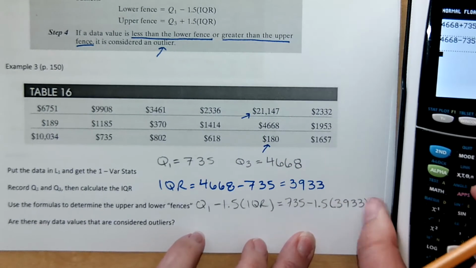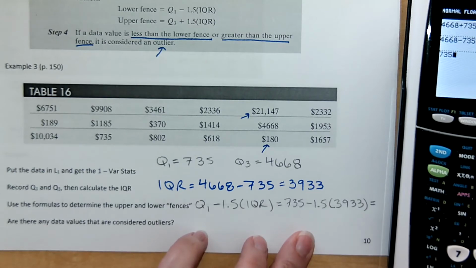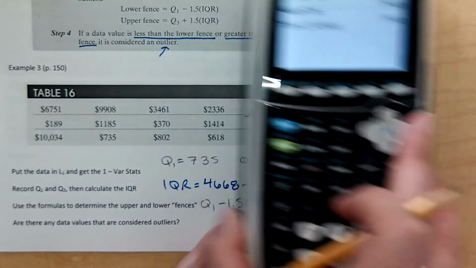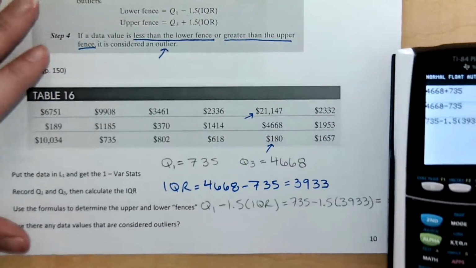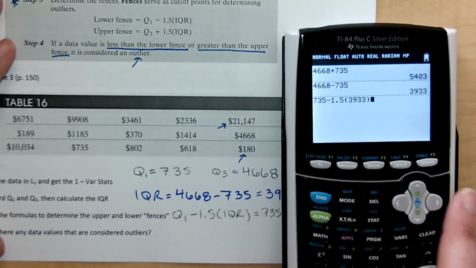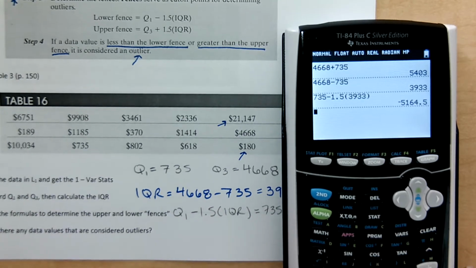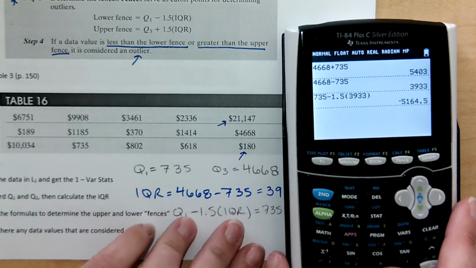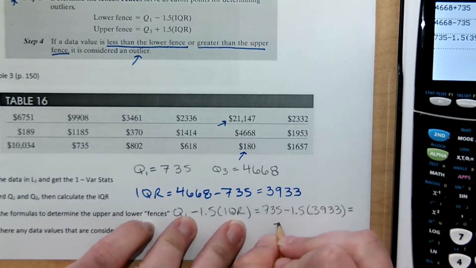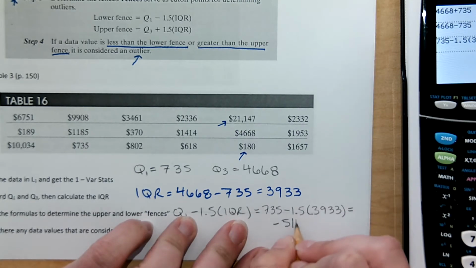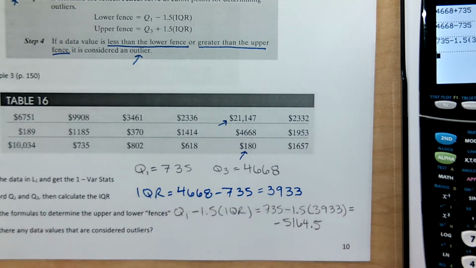You can enter all that in the calculator at the same time. 735 minus 1.5 times 3933. It gives us a negative value, and that's okay. That's just saying our lower fence is negative. That's no big deal. So we get negative 5164.5.